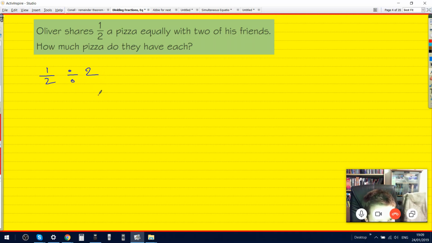Yeah, but the 2 is not a fraction, so how do you flip that? You turn it into a fraction by adding a 1 underneath it, and then you flip that, which becomes 1/2, and then you keep the other 1/2 the same, and you change the dividing sign into a times sign.